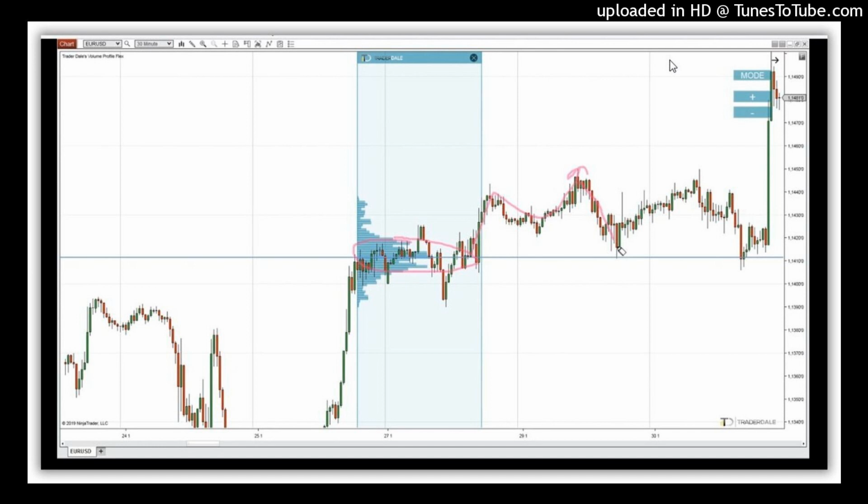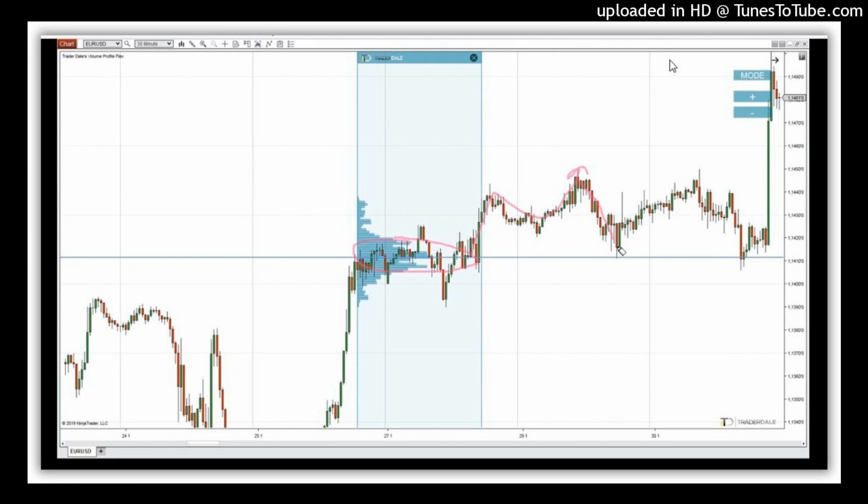And when I trade situations like this, when I have to choose between two levels, I always choose the level which is closer to the price. And this is because I don't want to miss the trade. If the price turns and reacts to volumes in this rotation, I won't miss the trade as I would have missed if I traded this level.